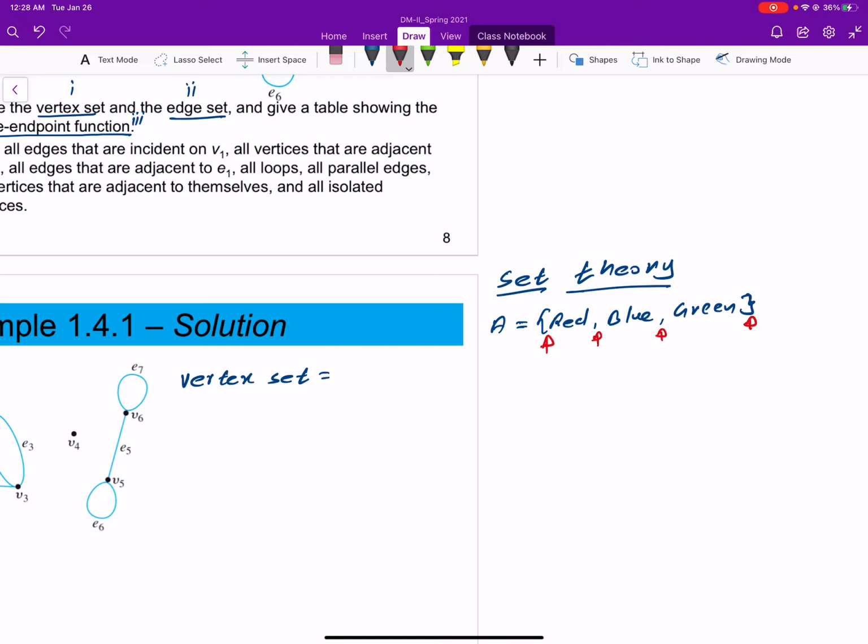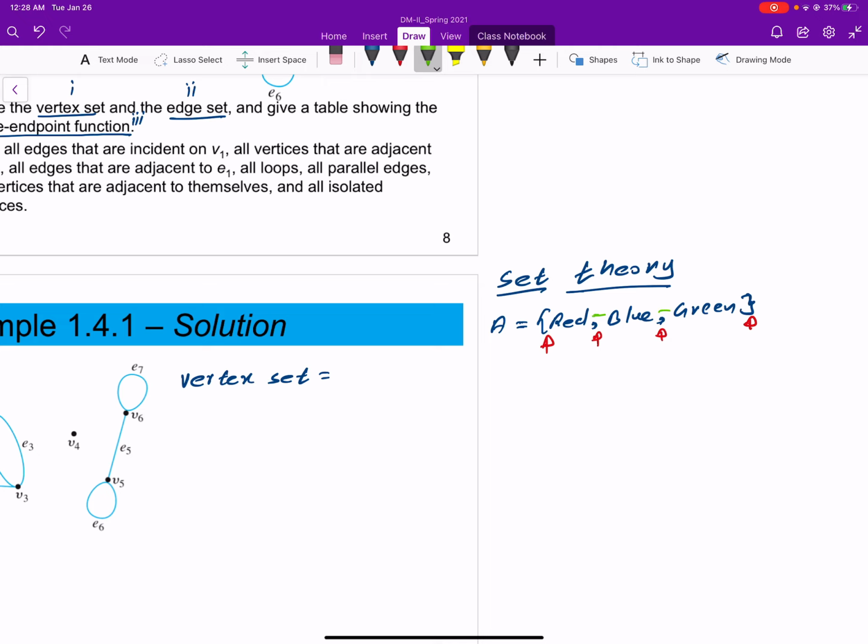These are the rules in set theory that you learned in discrete math 1. Some students do weird things when they write sets. Sometimes students put a dash to separate elements. That's wrong.